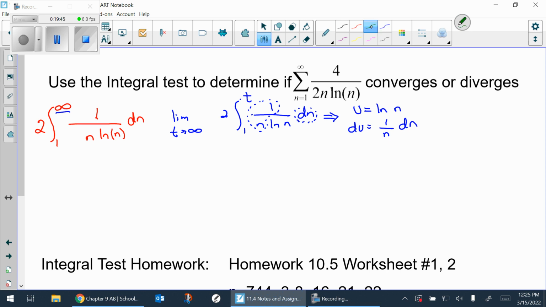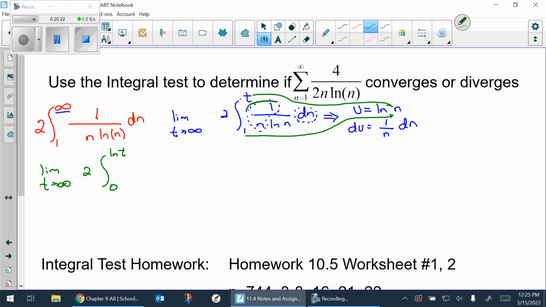So now I'm going to write this using my substitution. I'm still taking the limit as t is approaching infinity. I've still got my 2 out front. But now I've got an integral with an n value of 1, so I think I've got a 0 here, and with an upper limit of t, I've got natural log of t as my upper limit.